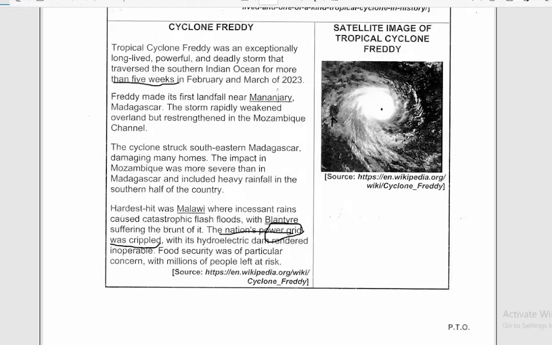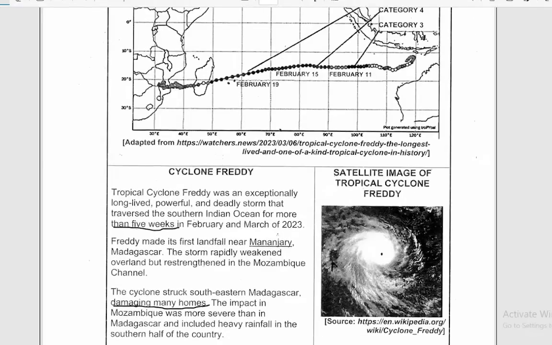And also if you check here, hydroelectric dam rendered inoperable. It's also infrastructure. The dam is used to generate electricity. So it's also an example of infrastructural damage, which would have happened in that particular context. And if you also check here, damaging many homes, you can also qualify. Right. Let's go to the next one.